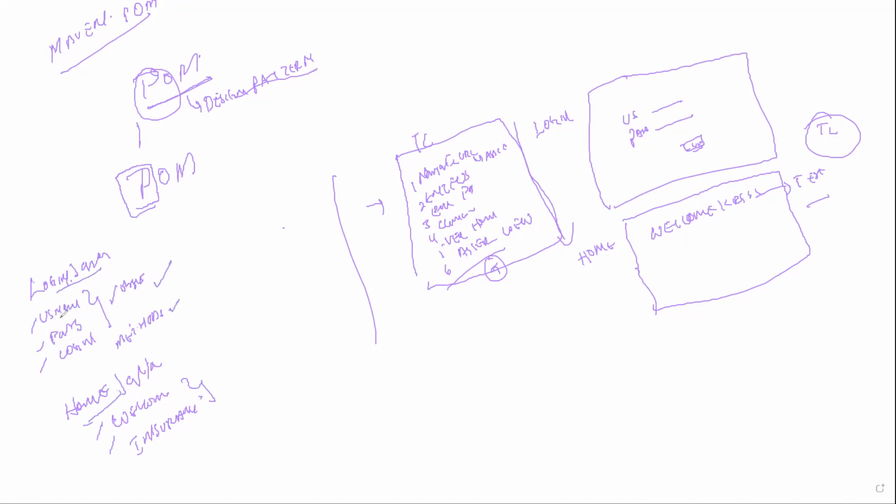So now we are defining all the respective objects and the methods. What methods do I need? Set username, set password, click login button. These are the methods I'll be using. And here, click insurance button and verify welcome text. These are the two validations I was doing in the home page, and these are the ones I was doing in the login page.